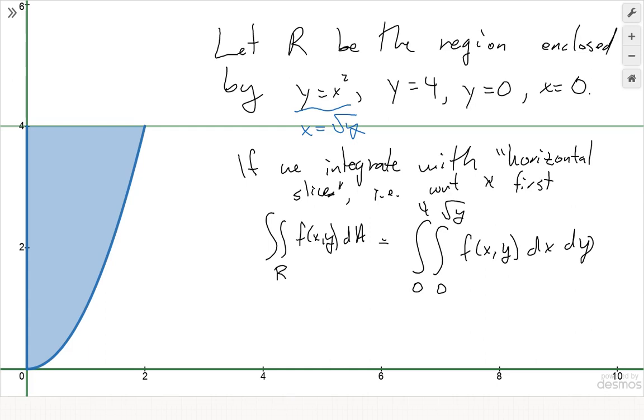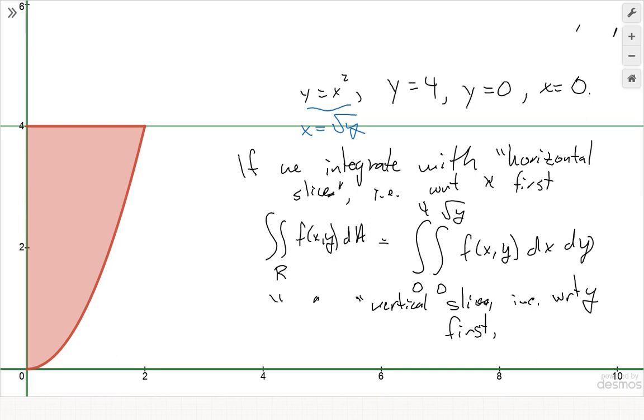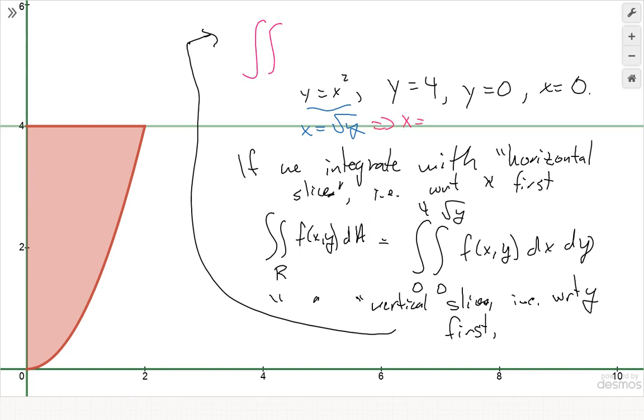If instead we integrated with vertical slices, so with respect to y first, then our integral would be, if y is going up to 4 and x is root y, then that means that x will be going up to 2, and we've already said the bottom value is x equal to 0.